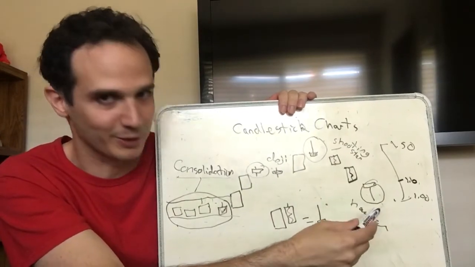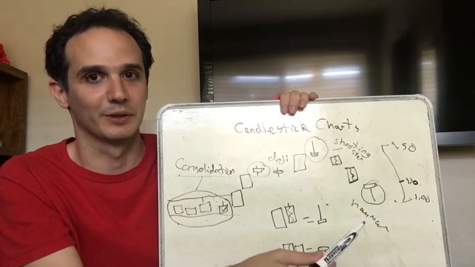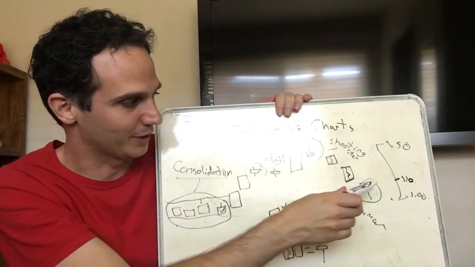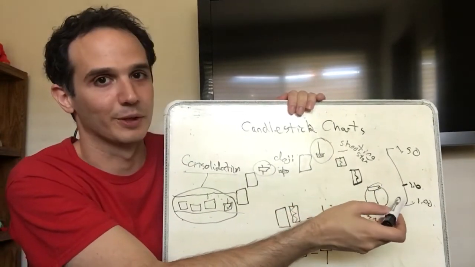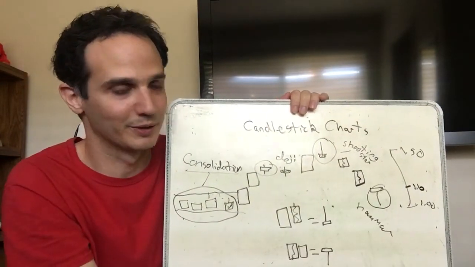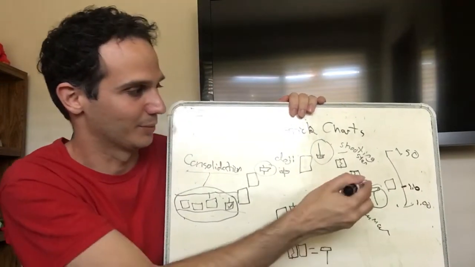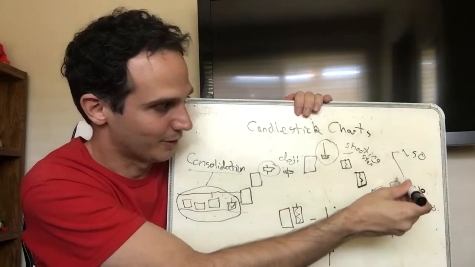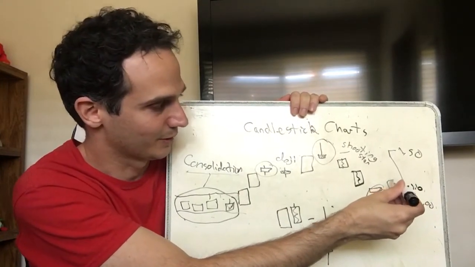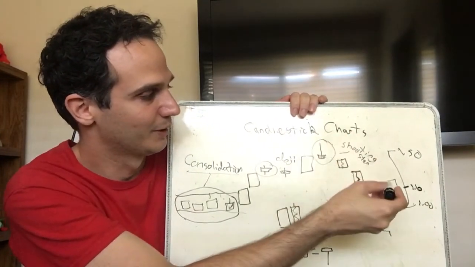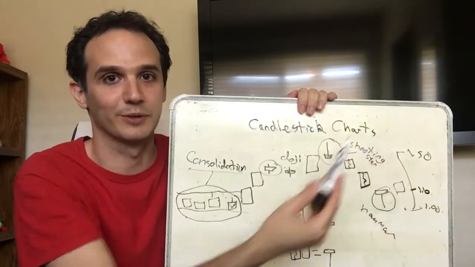If it's a hammer candle and you're thinking, oh, the downtrend might end, you should wait for bullish confirmation or a green candle like so, and then maybe you'll want to long this here, thinking okay, it might go back up to 150.